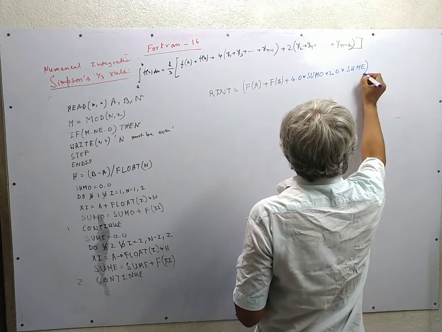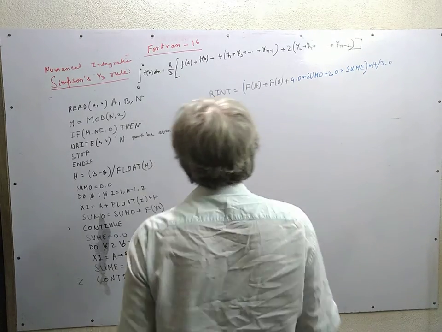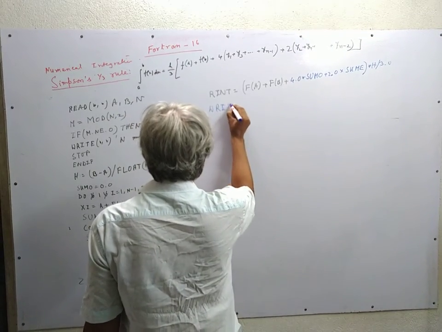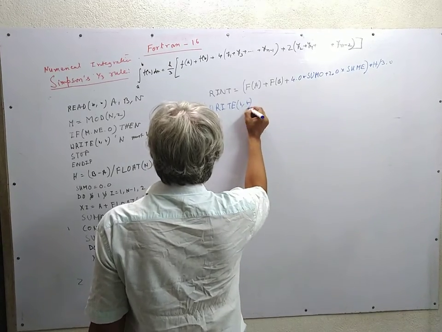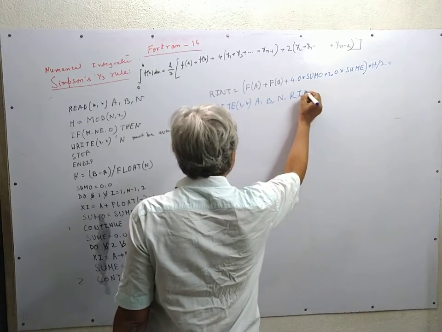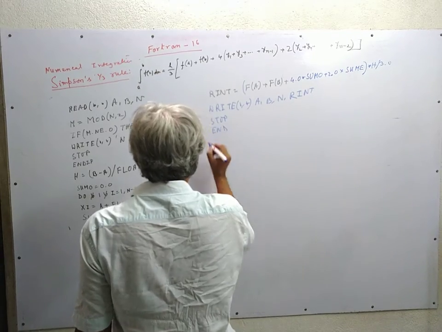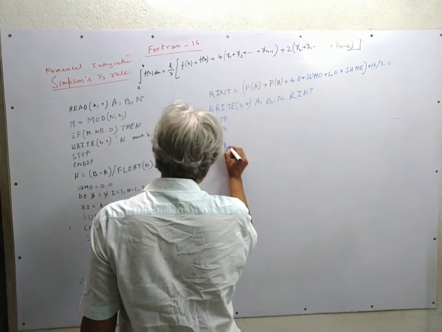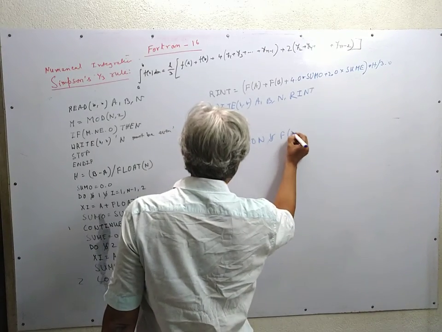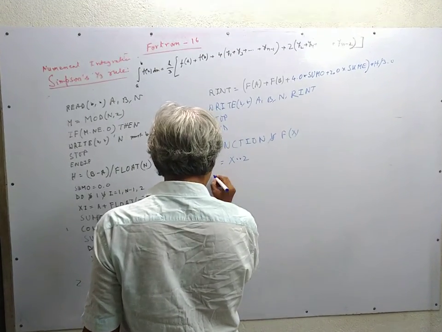The entire thing is multiplied by h divided by 3.0. So the program then writes a, b, n, RINT, stop, end. Now coming to the subfunction. Function f of x, f is equal to, as in the earlier case.